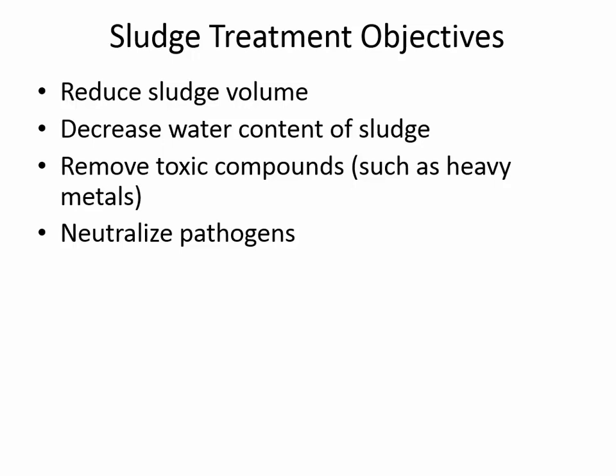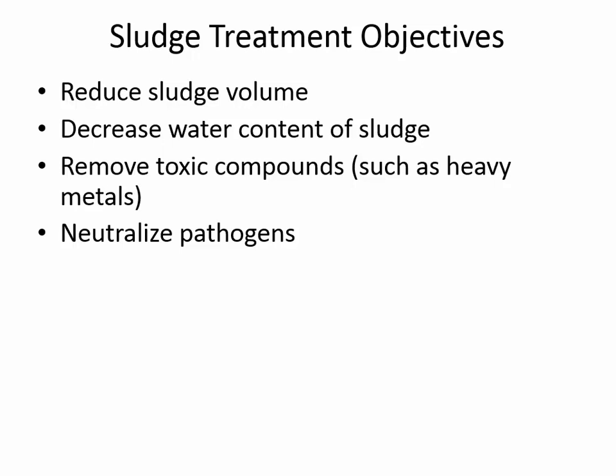If we decrease the water content, then that will reduce the sludge volume. So if our sludge to begin with is 1% solids and 99% water, it may seem like it's not much of a change if we only make it 2% solids.